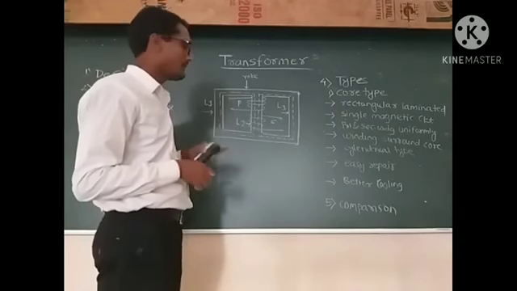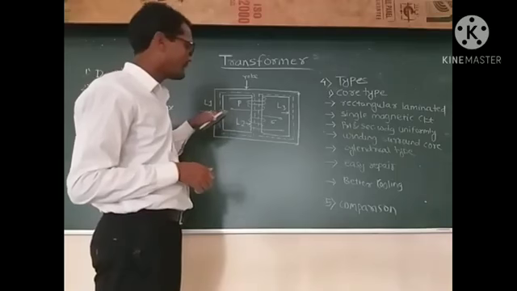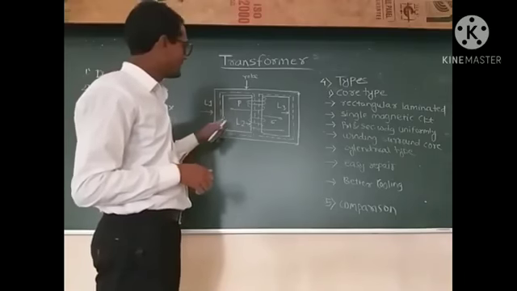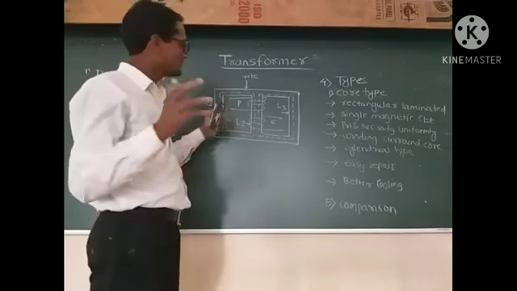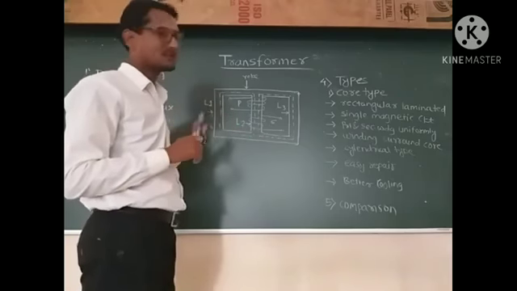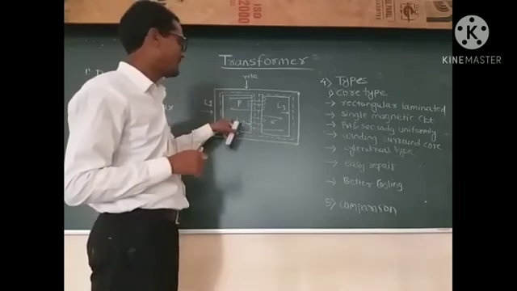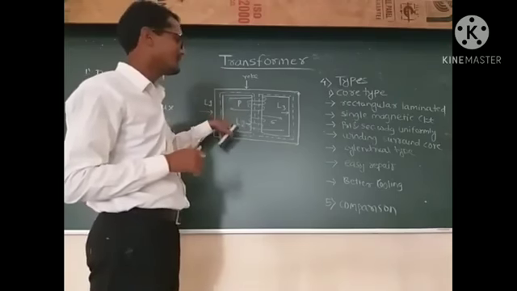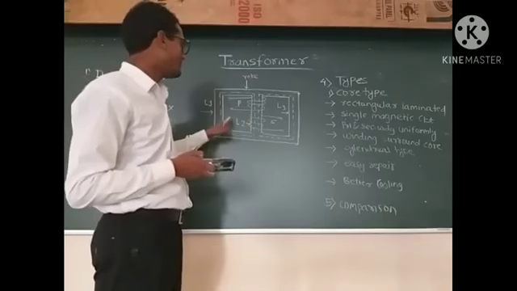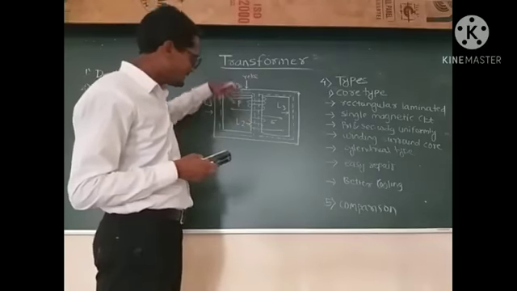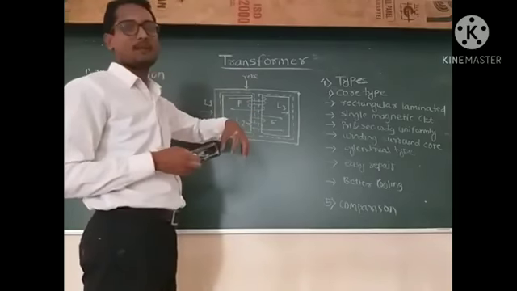So if we have to repair this type of transformer, we have to remove a number of laminations. Means the maintenance is not easy in this case of transformer, because the winding is inside the core.